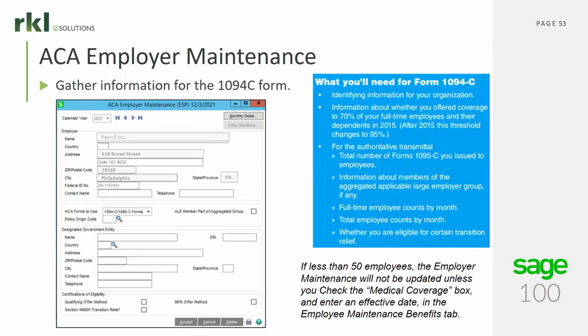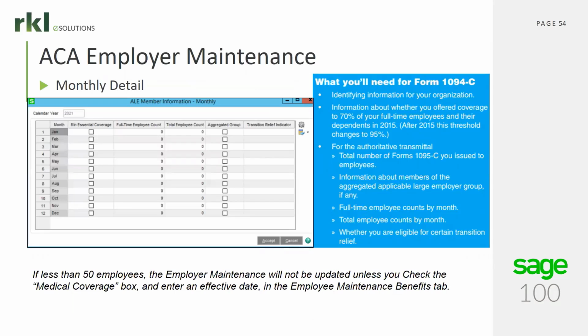Under the ACA Employer Maintenance task, you'll gather information for the 1094-C form. And then in the monthly detail, you'll indicate minimum essential coverage, full-time employee count, total count, and aggregated group.